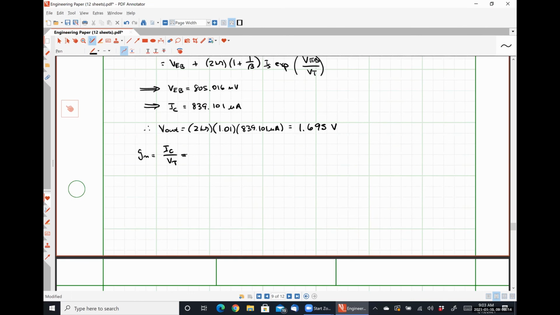So in this case, that gives us 32.273 millisiemens. Our r pi is beta over GM, which gives us 3.098 kiloohms.